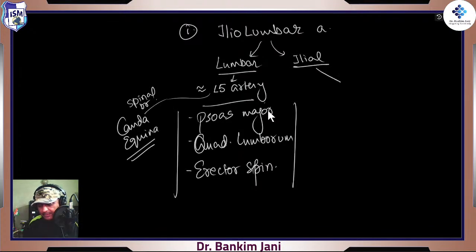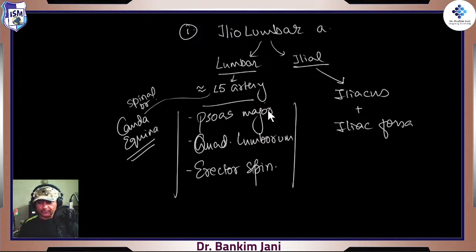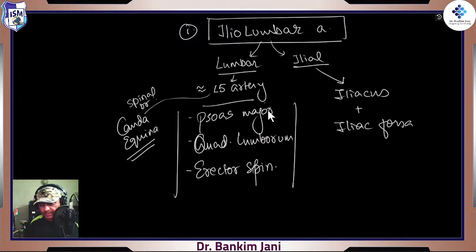Ilial, it has to be something related to the iliac fossa. So iliacus plus everything in the iliac fossa, that part is taken care of by the ilial branch. So all those anastomoses, whatsoever are formed, it is the responsibility of this iliolumbar artery, right?